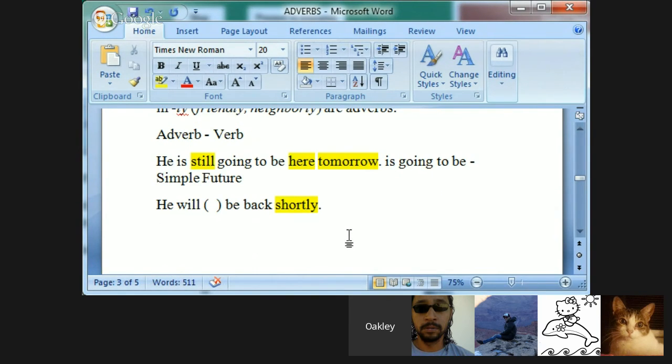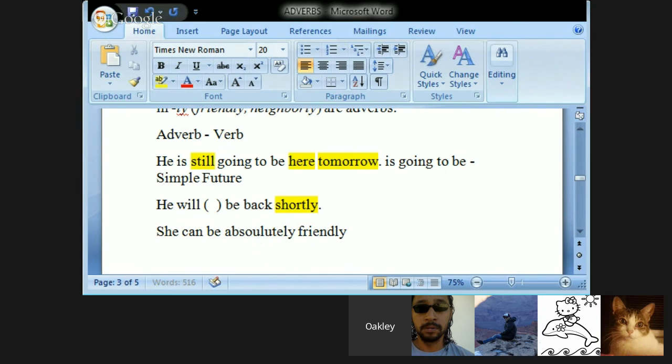Okay. Carolina, adverb and verb. She can be absolutely friendly. Friendly today or tomorrow.